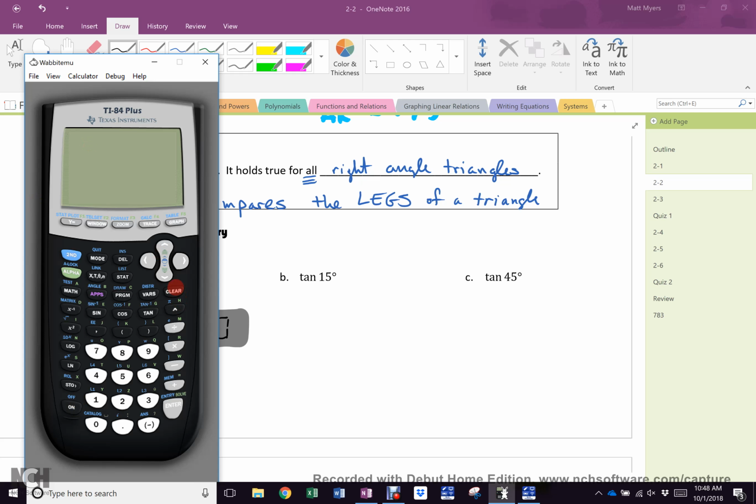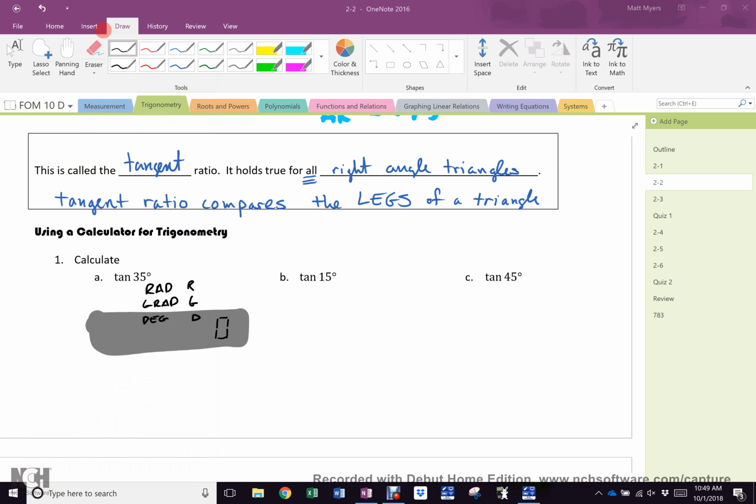When degree is highlighted, push enter, and then push enter again, and you'll be in good shape. Diego, you've got it. Enoch, you got it. Awesome. Everybody is now looking at D or D-E-G, yes?